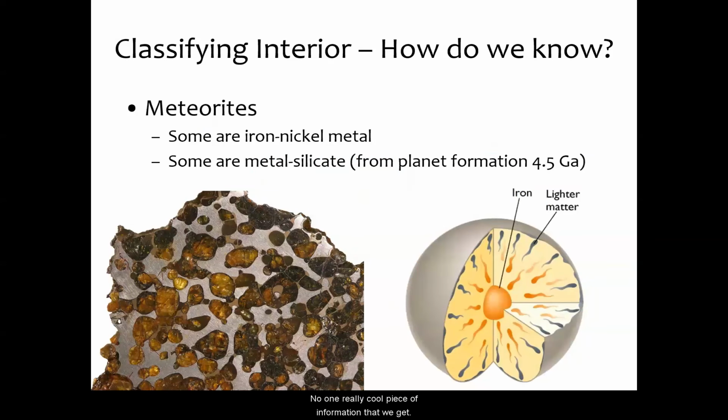Now, one really cool piece of information that we get is from meteorites. We think that meteorites are stuff that was left over during formation of the planets, leftover stuff during solar system formation.